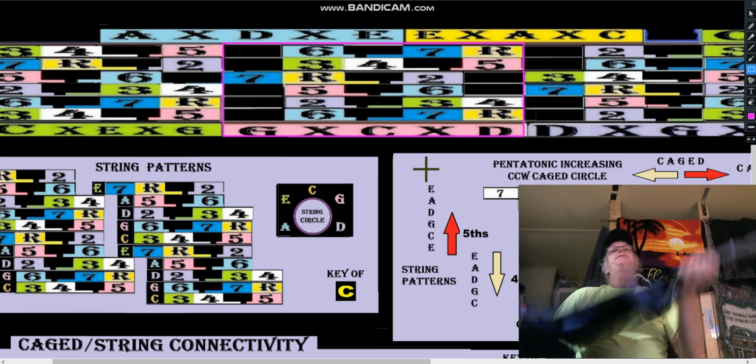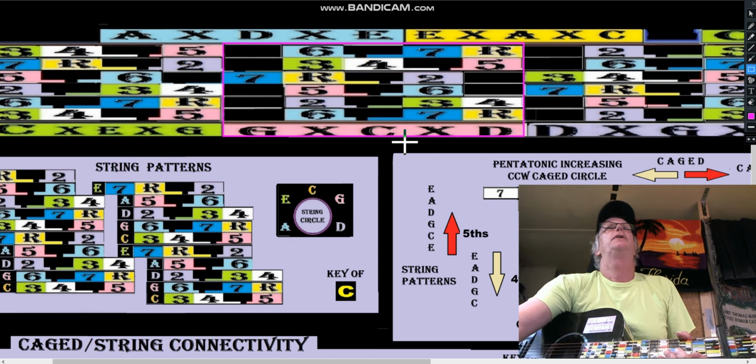And in tripentatonics, the G shape is 6/7 root. So the G string shape is 6/7 root.